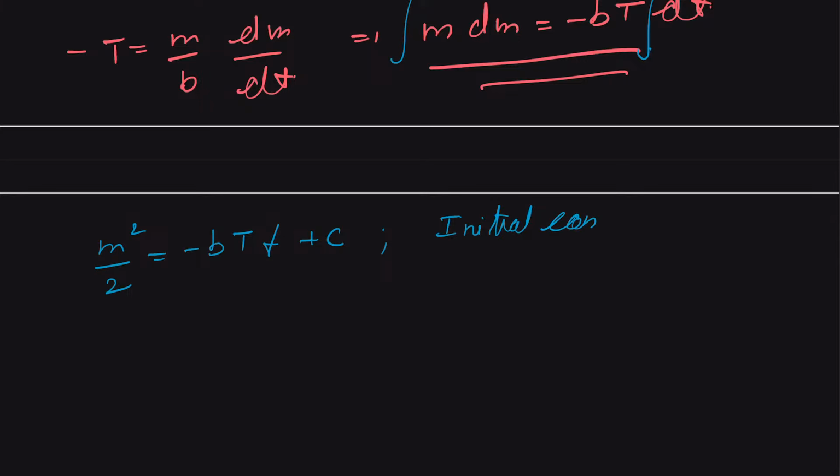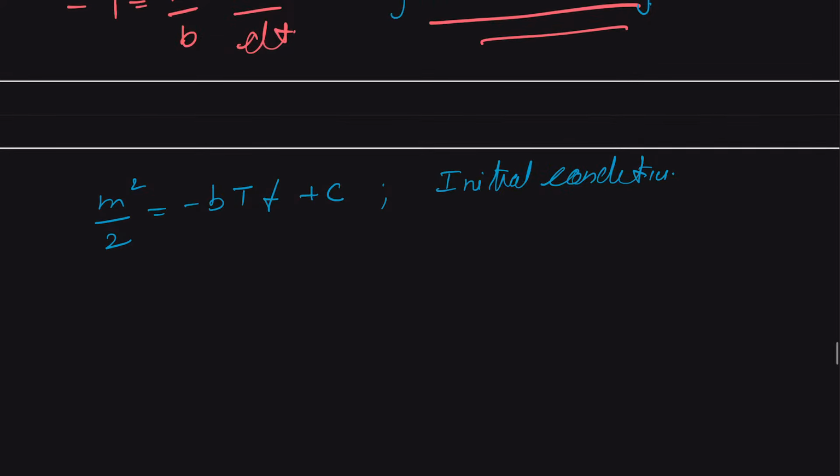So we have our initial condition, and we can say that at t is equal to 0, at the start we were having mass M, and therefore if you put in this equation, this part becomes 0, so we get c is equal to M square by 2.